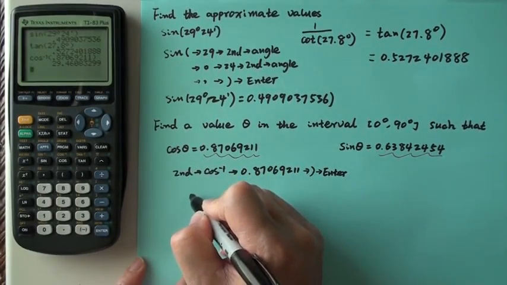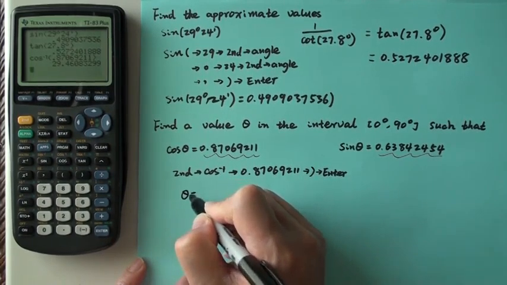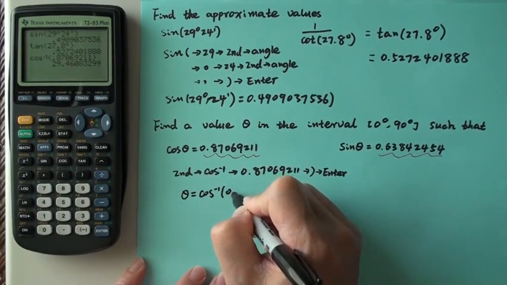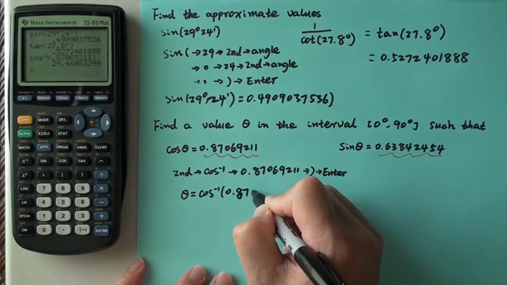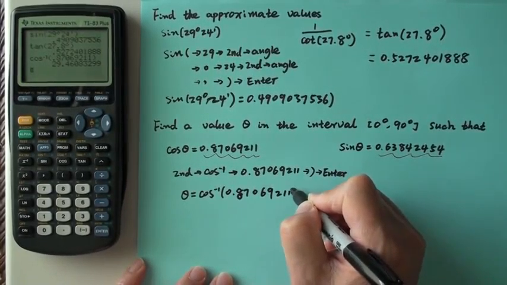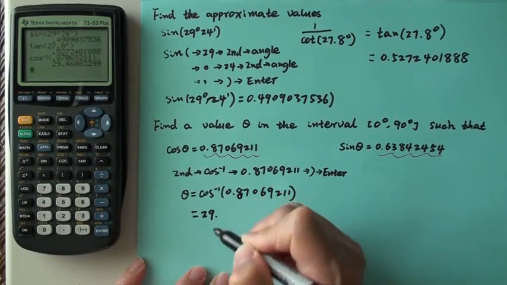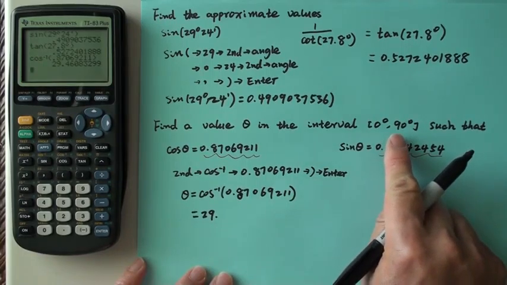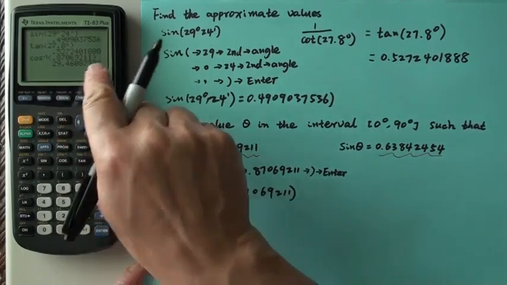You will find the answer. You may write theta equals cosine inverse of 0.870692211, close parentheses, equals 29 point 46083299. It depends; we may put all the values here.